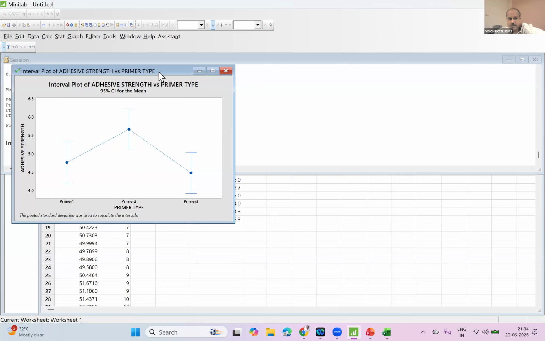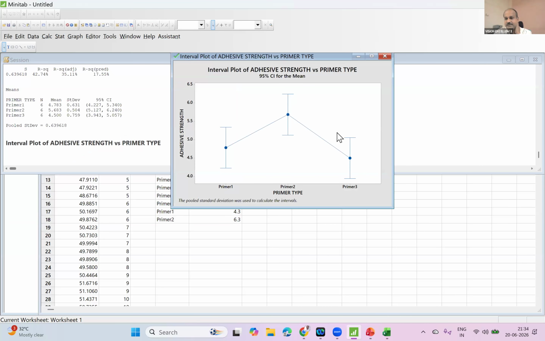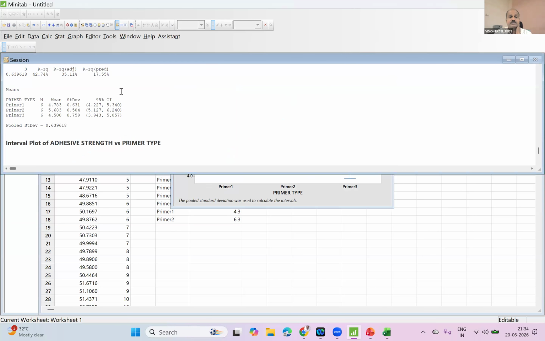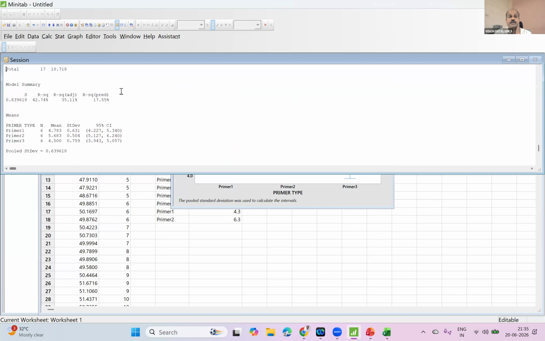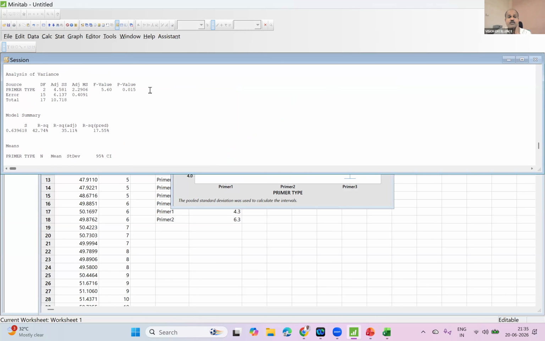Now, please note, there is a 95% interval plot available. Now this is the ANOVA table, come here. I want you to look at the p-value. Can you see the ANOVA table here, all of you?